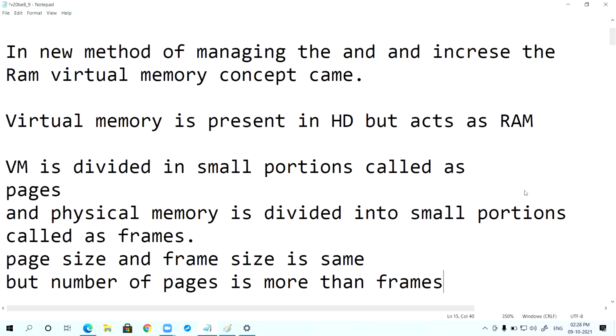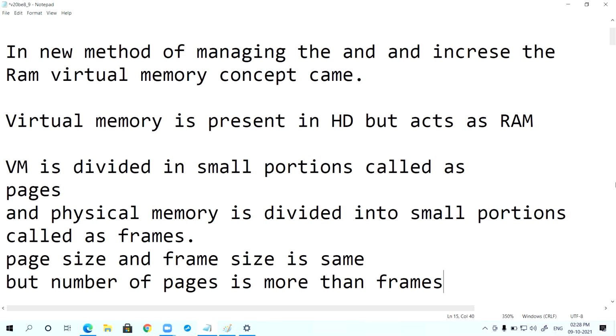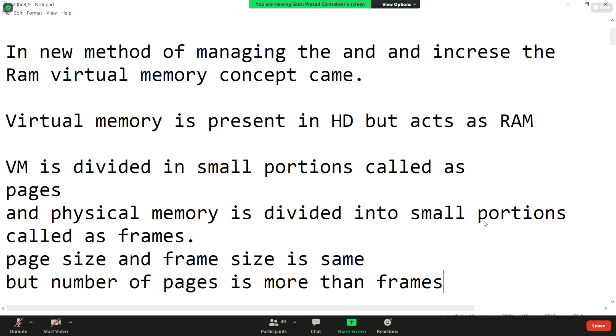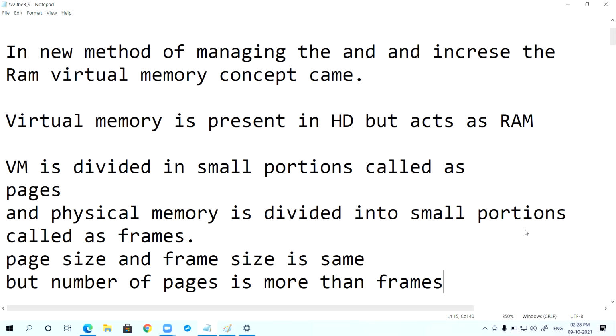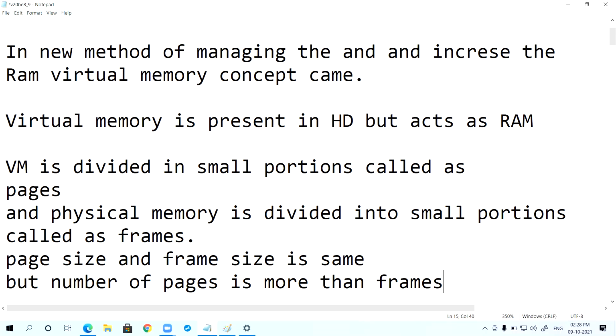the operating system designers got an idea: why can't we increase the RAM size logically by taking the help of the hard disk? So some portion of the hard disk acts as RAM, technically called virtual memory.